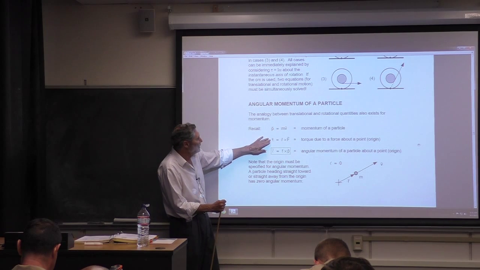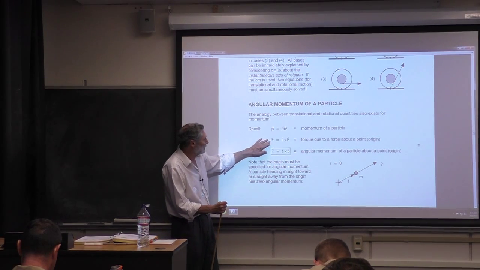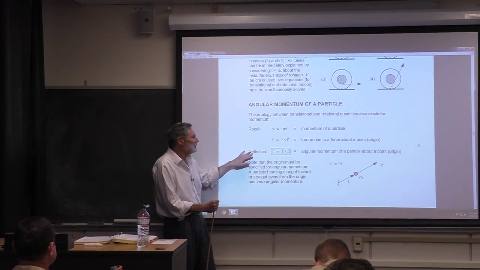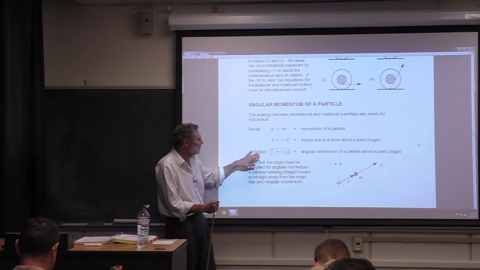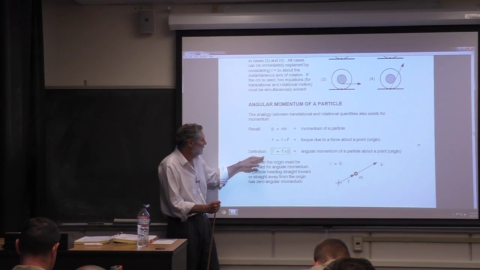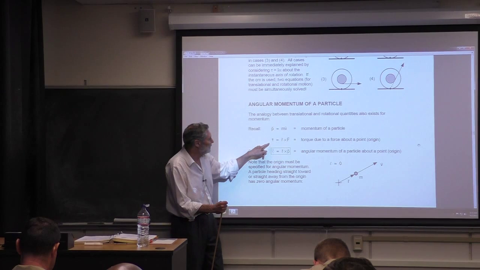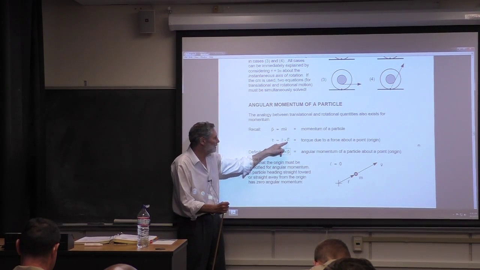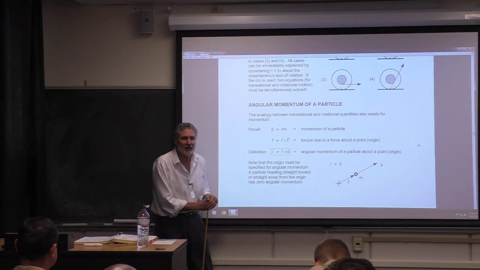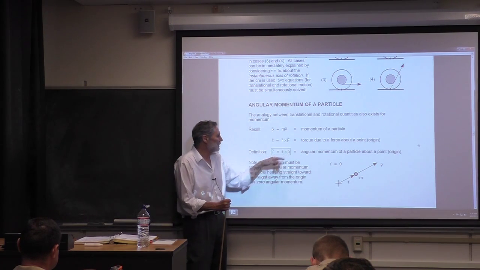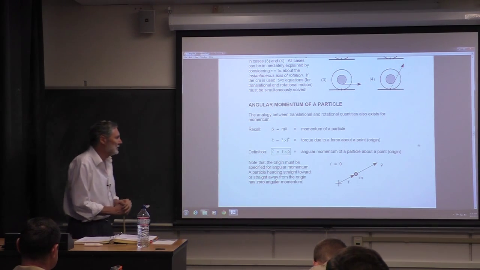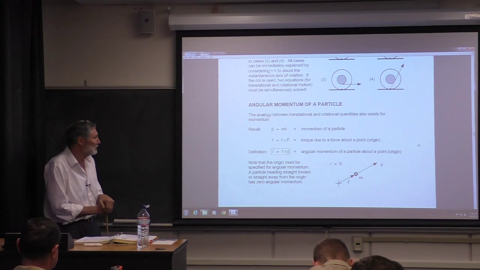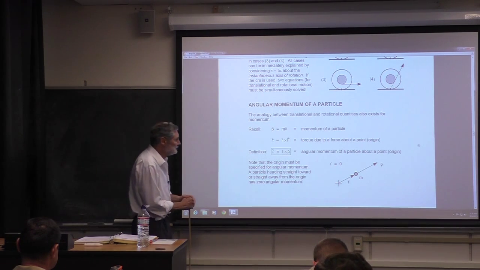Now for rotational motion, the analog of the force is the torque, which is R cross F. So you might guess that the angular momentum would be defined as R cross P. We got to tau, the torque, from the force by taking R cross that. We do the same thing for the angular momentum. We take R cross the linear momentum. That's the definition of the angular momentum of a particle, okay?